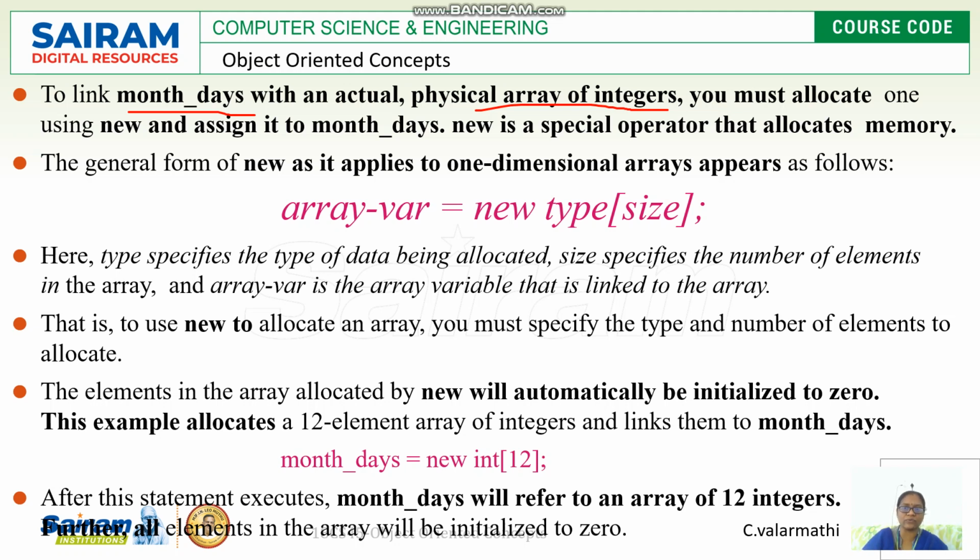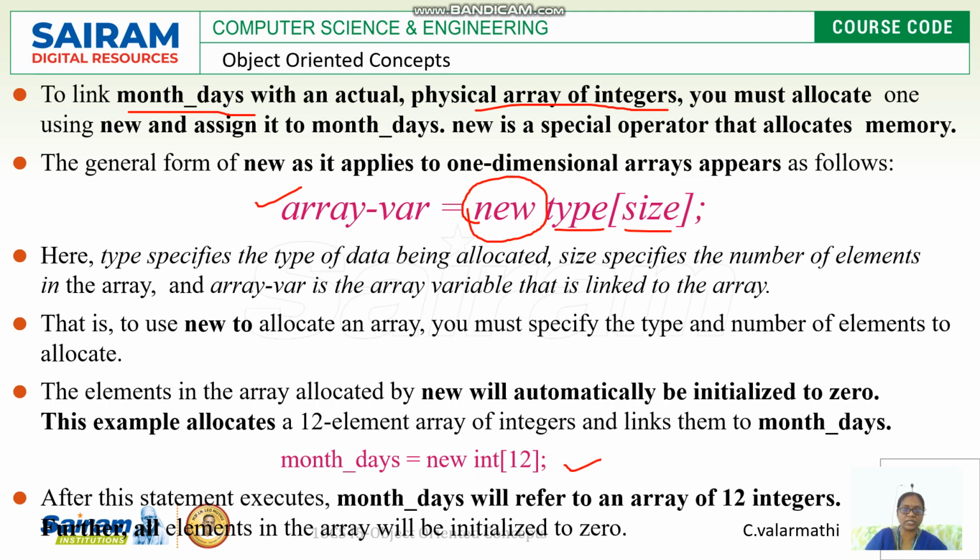So here is how we can specify an array variable, how we can initialize it and how we can use it. The array variable month_days is equal to, using the operator called new, with its type and size, right? This is the best example of how we can initialize.